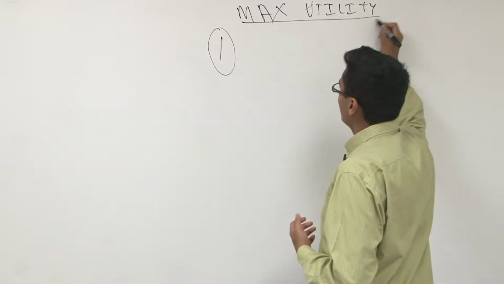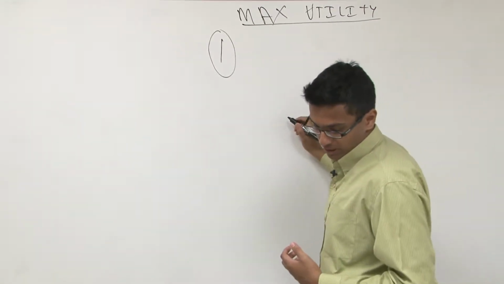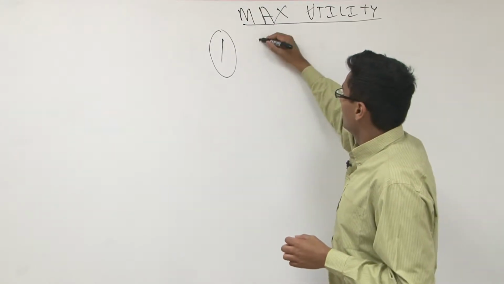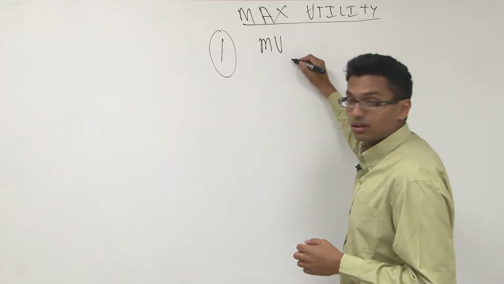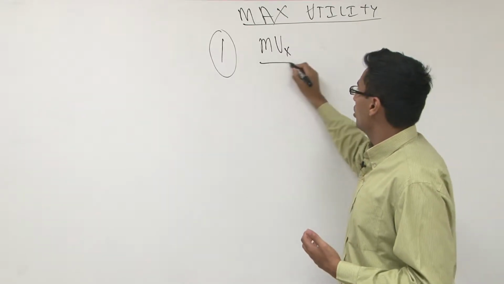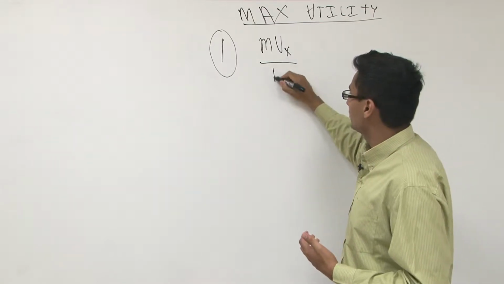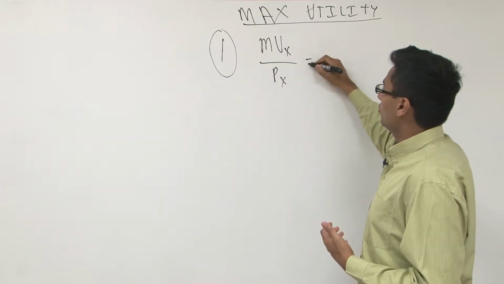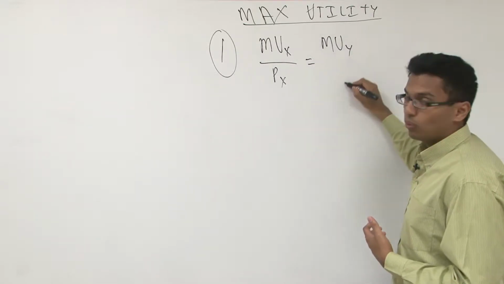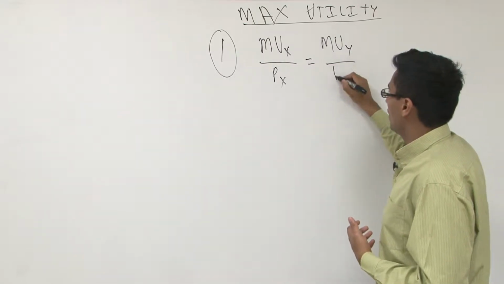The first one, remember the basic formula: the marginal utility of x, as in product x, over the price of x, is equal to the marginal utility of product y over the price of y.